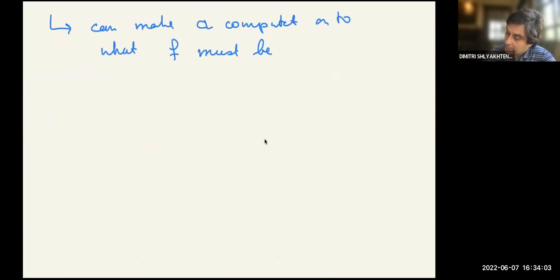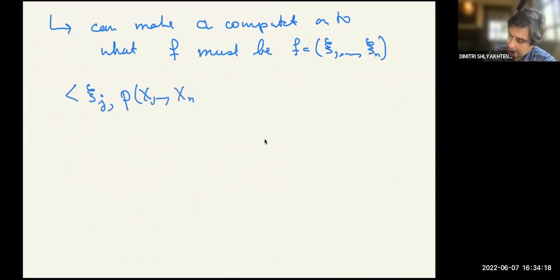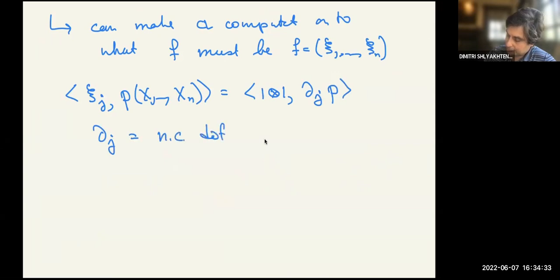Anyways, it must be some f, which is some n-tuple, say C1 through Cn. And what must happen is that if you take the L2 inner product between Cj and any polynomial in x1 through xn, this should be equal to this expression, where these dj's are Voiculescu's non-commutative difference quotients.